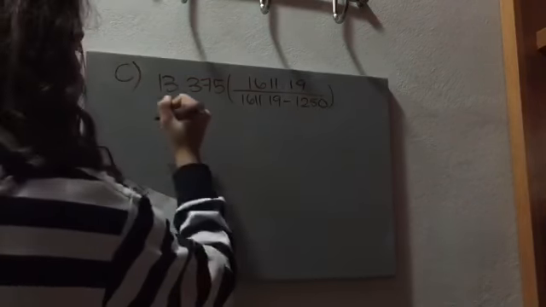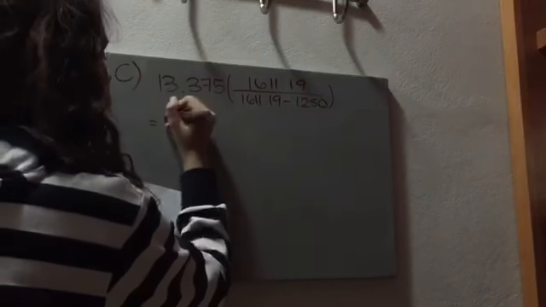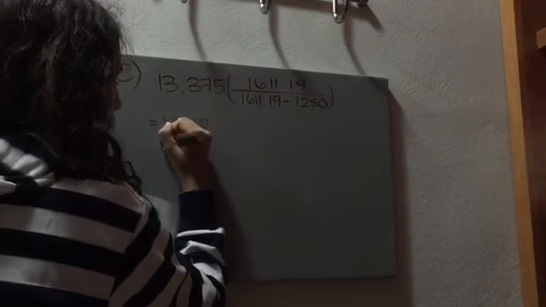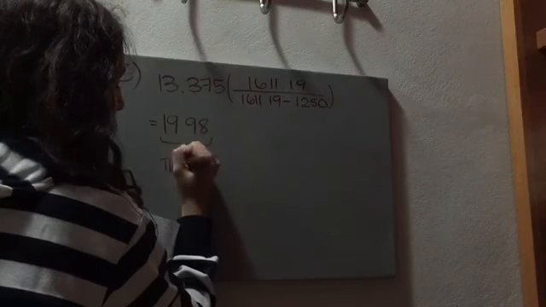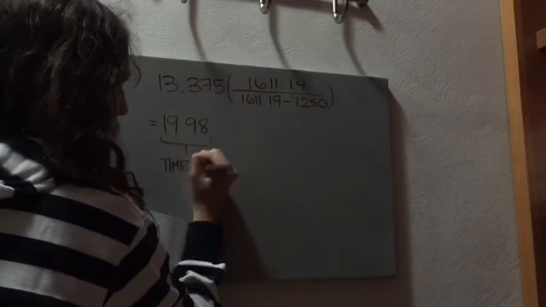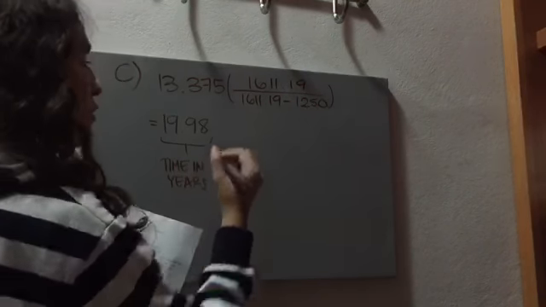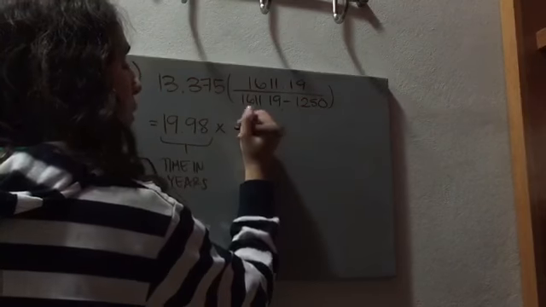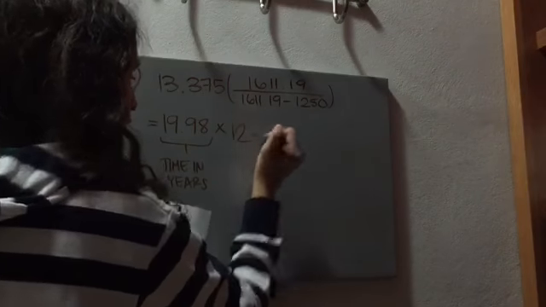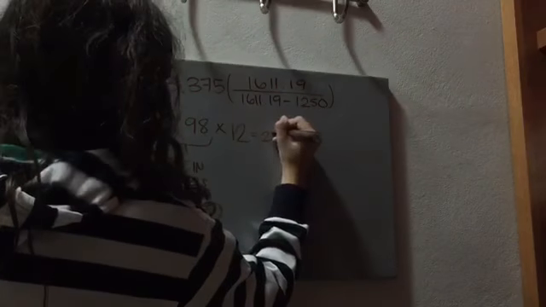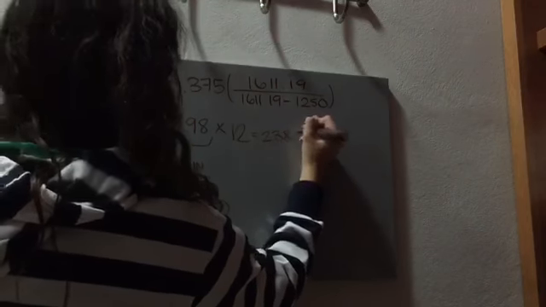So our answer is 19.98, but this is time in years, and we want it in months. So what we have to do is multiply this number by 12, and it's 238.8.